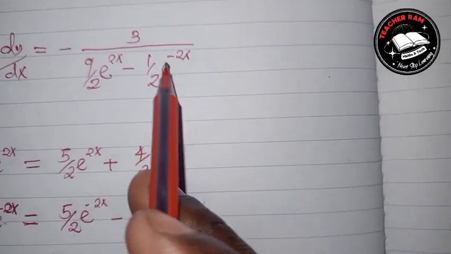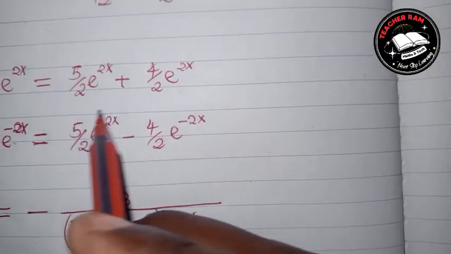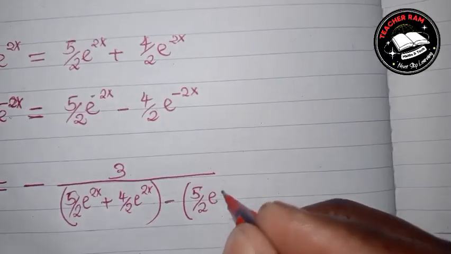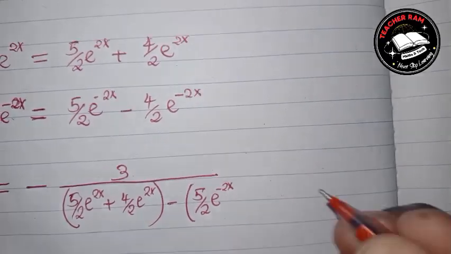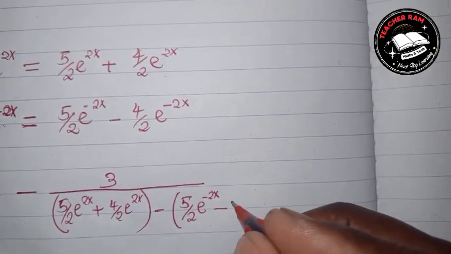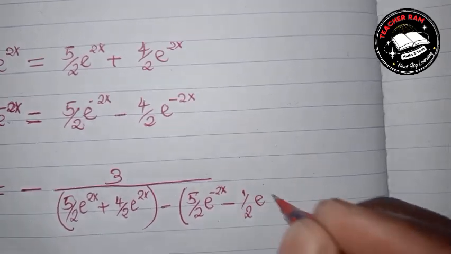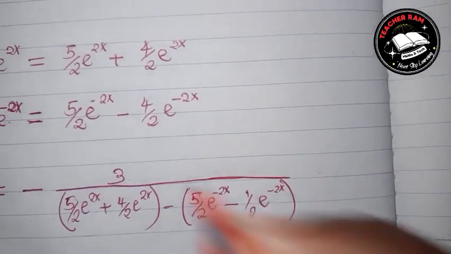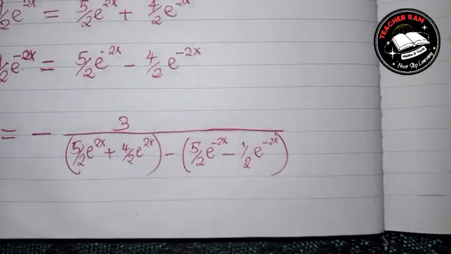In the place of this one we are going to substitute 5 over 2 e power negative 2x, then minus 1 over 2 e power negative 2x.